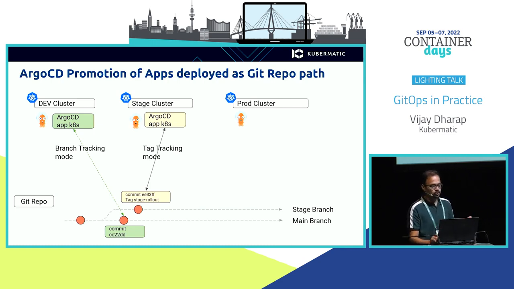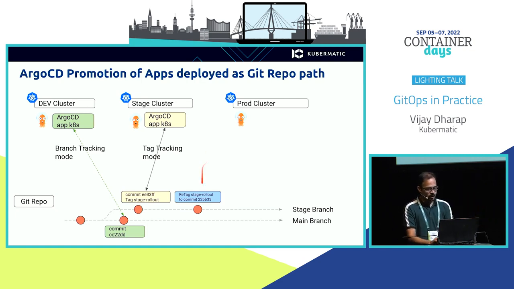So essentially you don't track every commit, but rather you are tracking a specific Git tag. In this case, I have tagged this particular commit EE33FF as stage rollout, and now the ArgoCD application here is tracking a tag called stage rollout. So no matter how many more commits I make, nothing is going to get deployed in stage automatically.